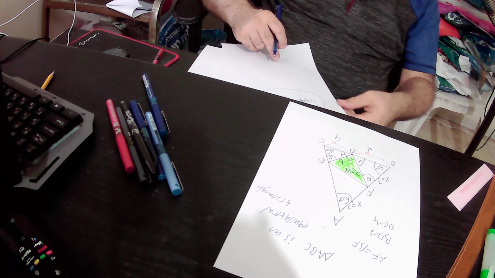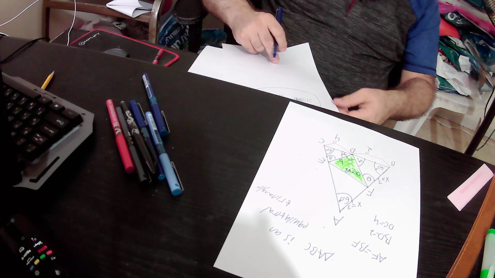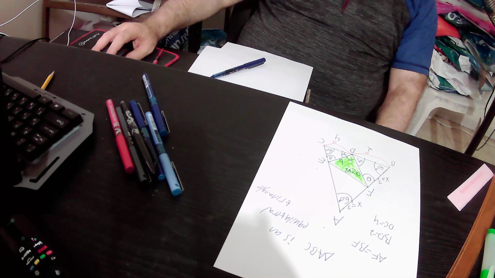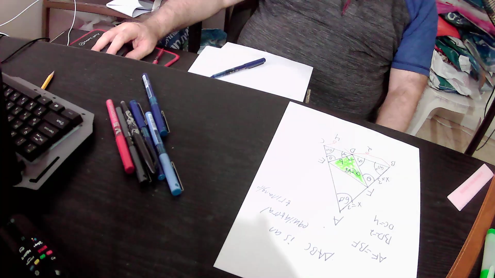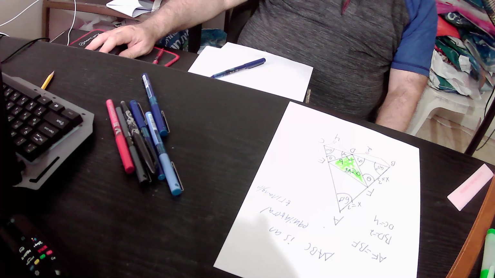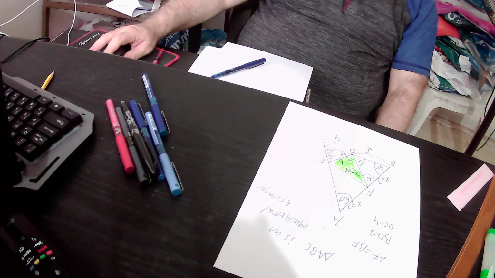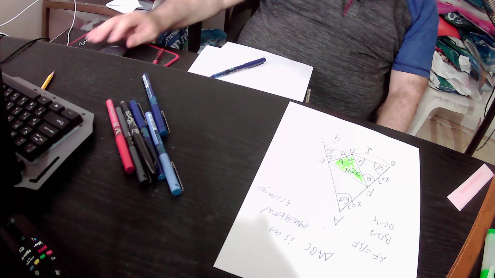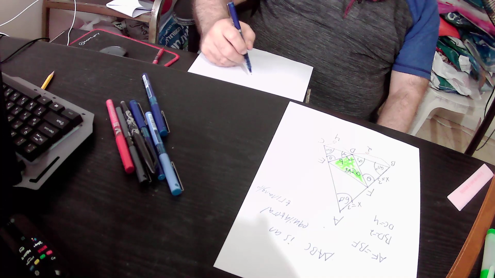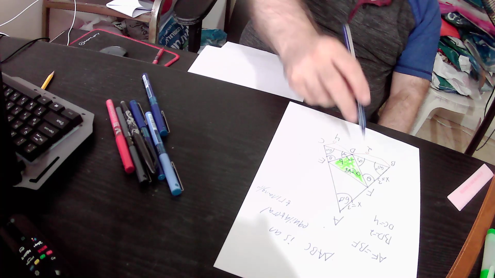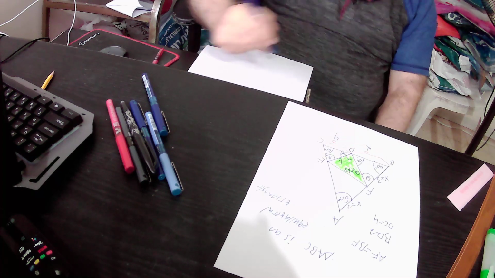But we know that sine 60 degrees equals root 3 over 2, and FD equals root 7.